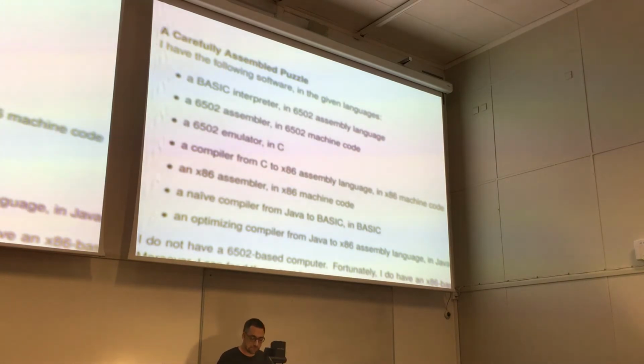And it says, I have the following software in the given languages. A basic interpreter in 6502 assembly language. A 6502 assembler in 6502 machine code. A 6502 emulator in C. A compiler from C to x86 assembly language in x86 machine code, and blah, blah, blah.